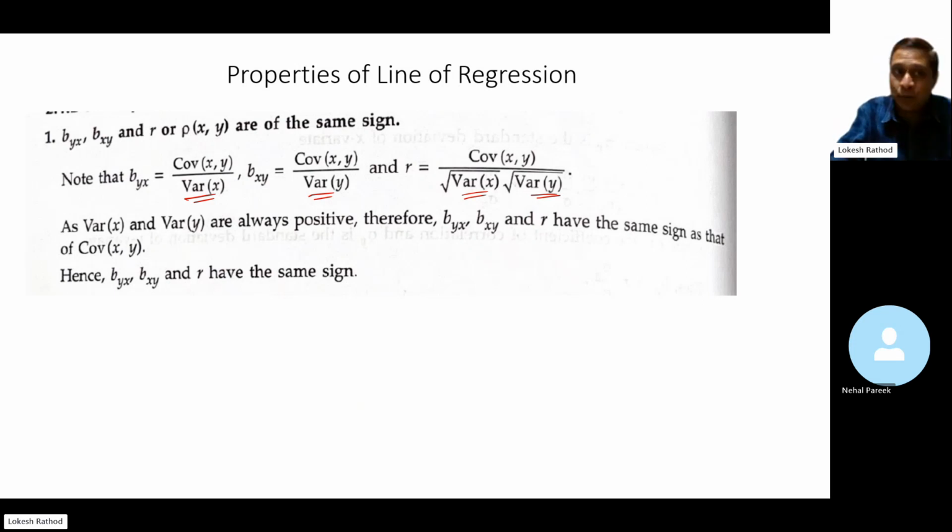Otherwise, if you try to remember it before the exam, you will not be able to. You have experience with trigonometry, the same thing happens here. So the first property: all are of the same sign. This will not help us in calculation, it is just an observation.